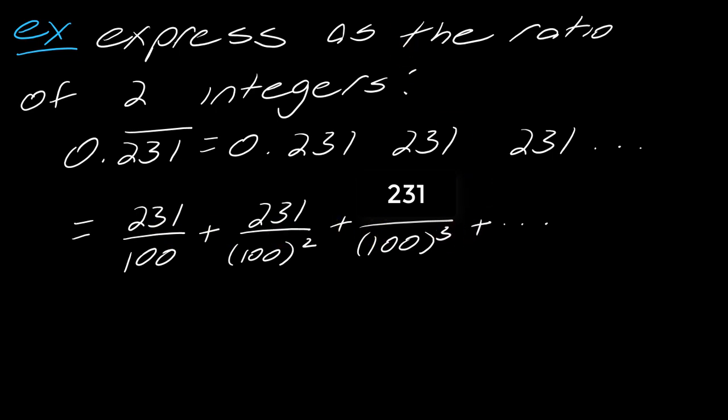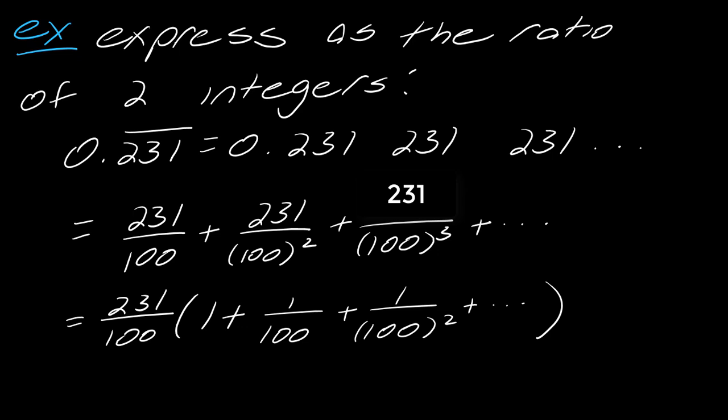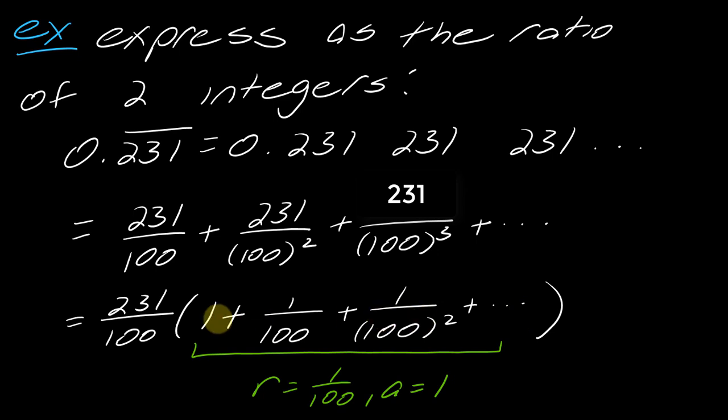Now that I see this sum, I can play around with it and rearrange it a little bit. What I notice is that every single term has a 231 over 100 in it. So I can go ahead and factor that 231 over 100 out. And look at what I'm left with now. This part you can see clearly as a geometric series, and this we're just going to treat as a constant to multiply by. So I am going to focus on this part for right now.